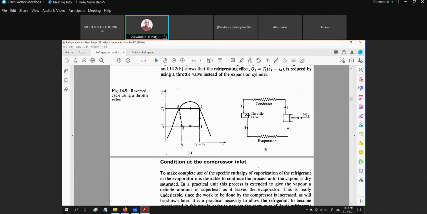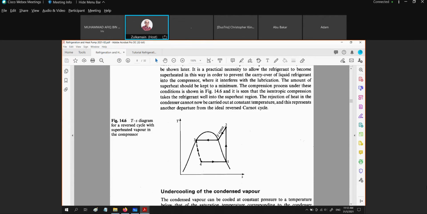And when we put state 1 at the superheated vapor, we find that state 2 will become even more superheated vapor. So the first one, state 1 as saturated vapor. Method 2, the second one, we put state 1 as superheated vapor. So this is the saturated.